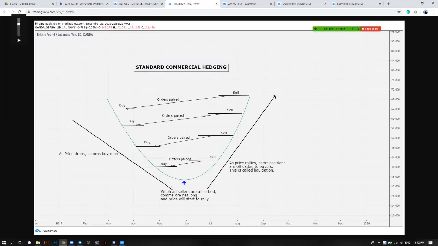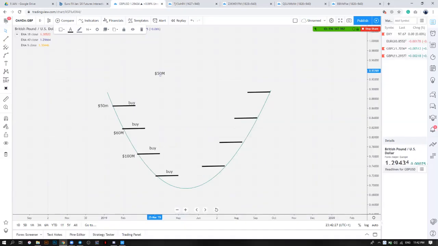So now, when all sellers are absorbed, there's no longer sales in the marketplace. On the buy side of the market, there is now 210 worth of bought pound USD, and there's nothing extra to sell. So by default, the market needs to go up, right? Because there is no longer supply. On the sell side, there's now demand. So by default, the market will start to go up.